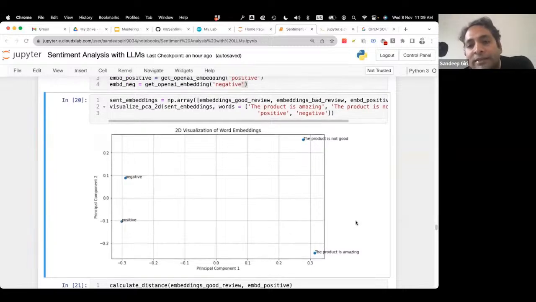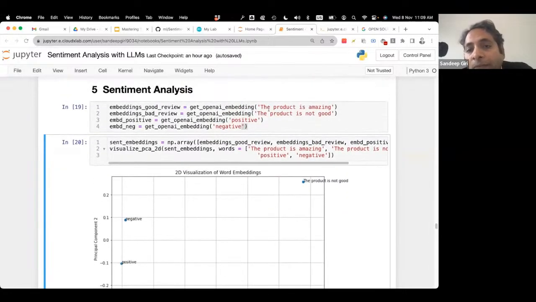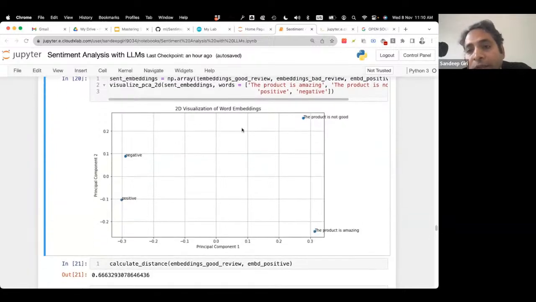So what we are doing is that here we found the embedding of all the four things, okay, and plotted it. Now you can see the product is not good, the product is amazing, negative and positive.